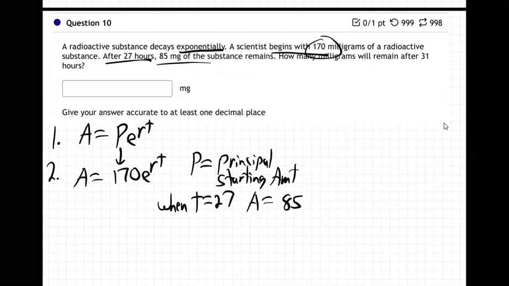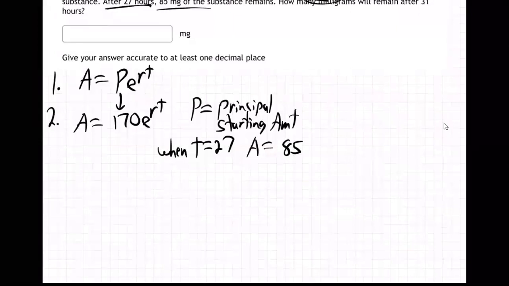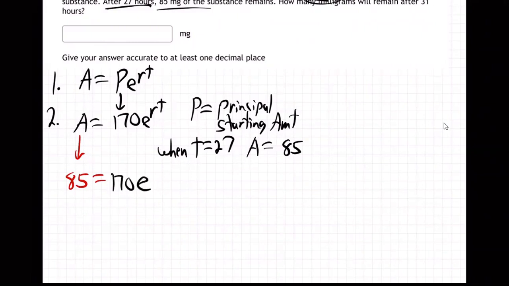But after 27 hours, it's down to 85 milligrams left. It started at 170. So that means if we plug in an amount, the amount has become 85 when the time is 27 hours. Does that make sense?